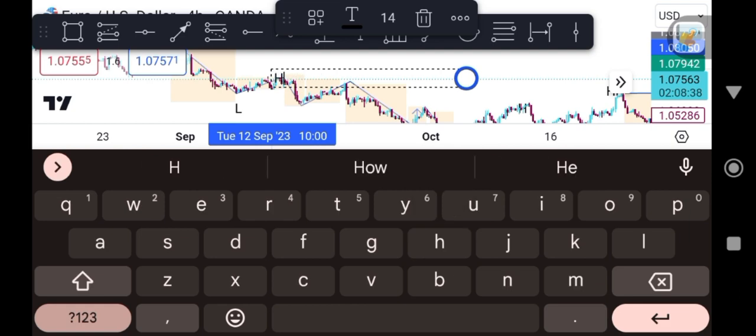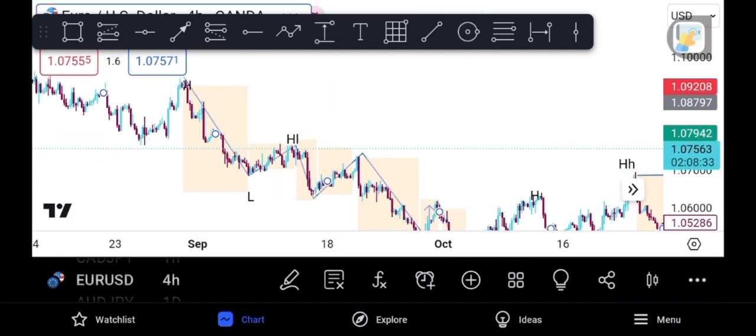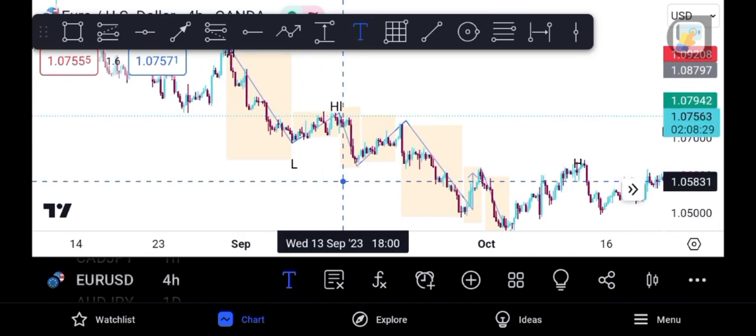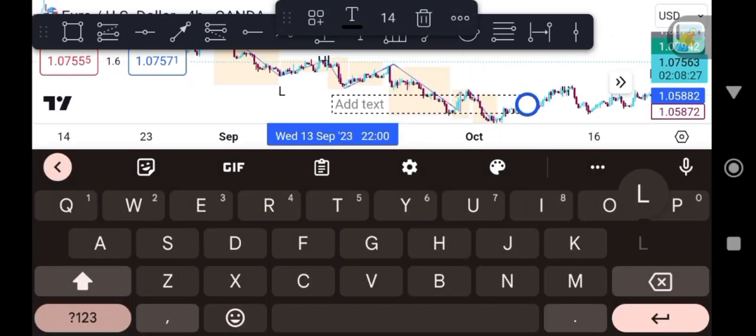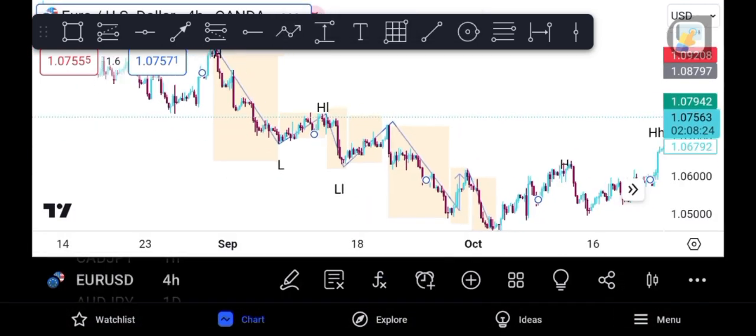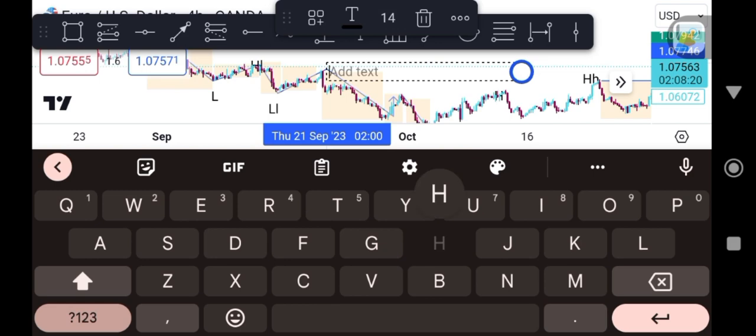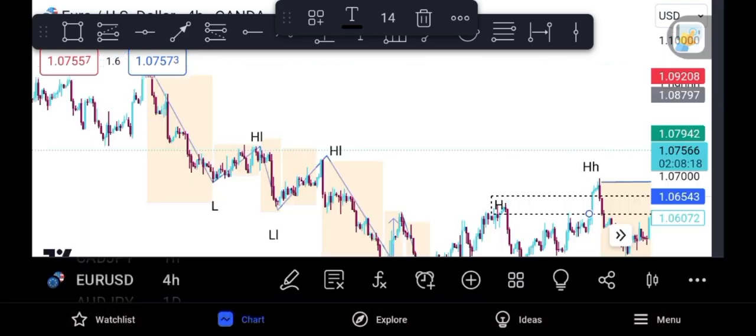Sorry, a higher low. Then a lower low. We have a lower low here. A higher low.